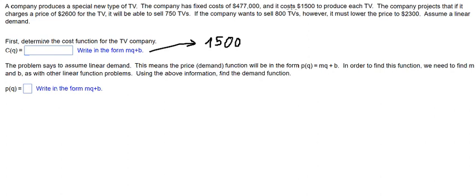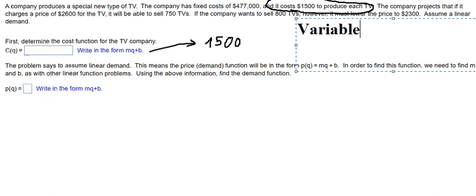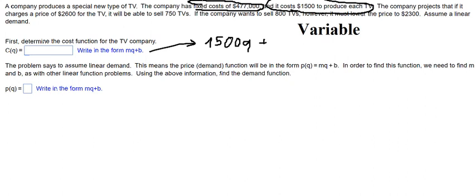This is the variable cost, and that's why we have 1,500 and put it next to Q. This one is the fixed cost, so it doesn't change in value. That's b, so we put this number here. And this is the answer for question number 1.